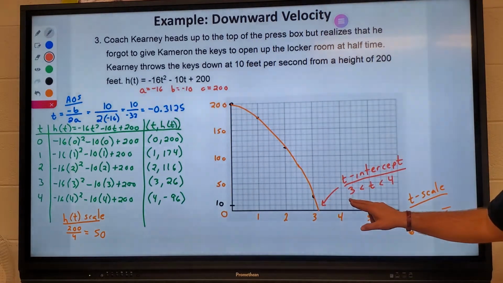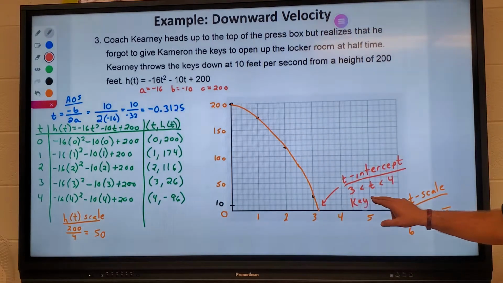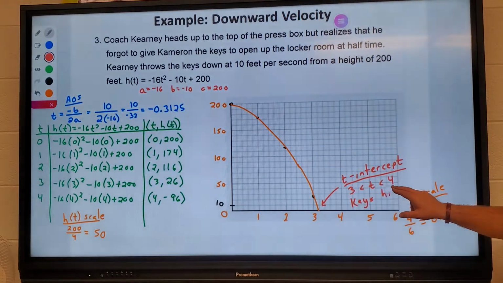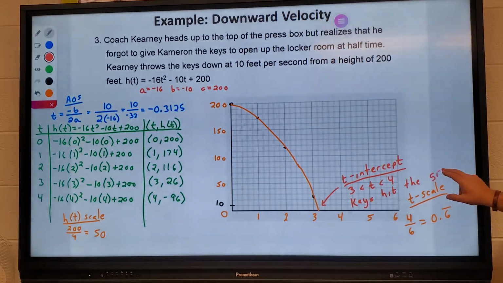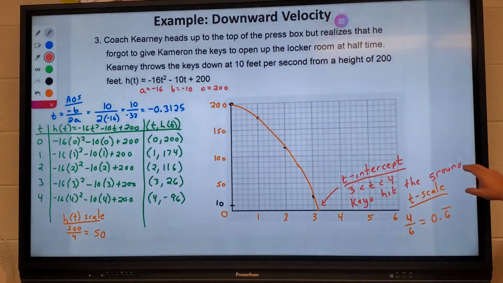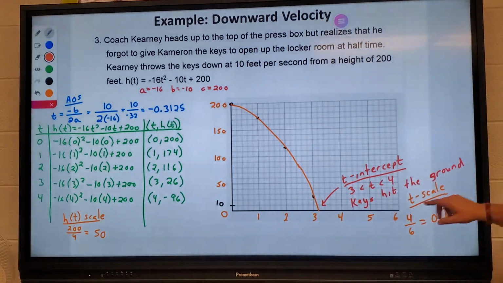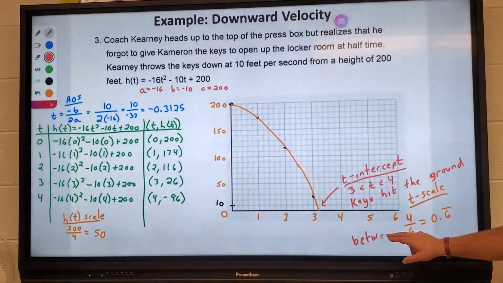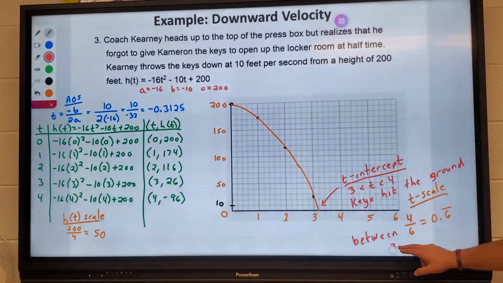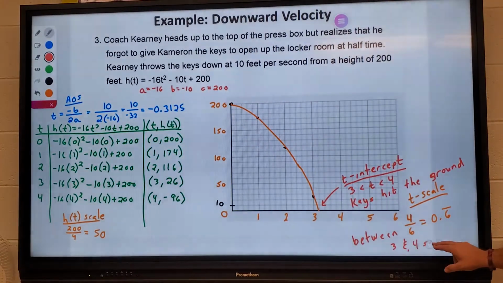Again, this means that the object, or here the keys, have hit the ground between 3 and 4 seconds.